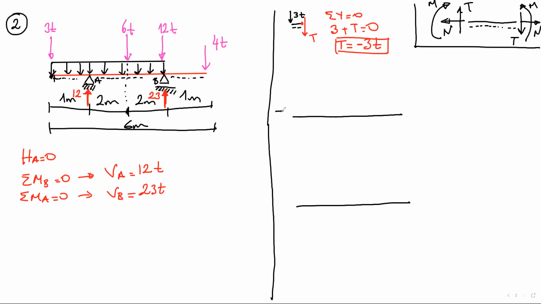Next stage, P. At the start point, this is the start point, I have -3. B. Okay, and here.